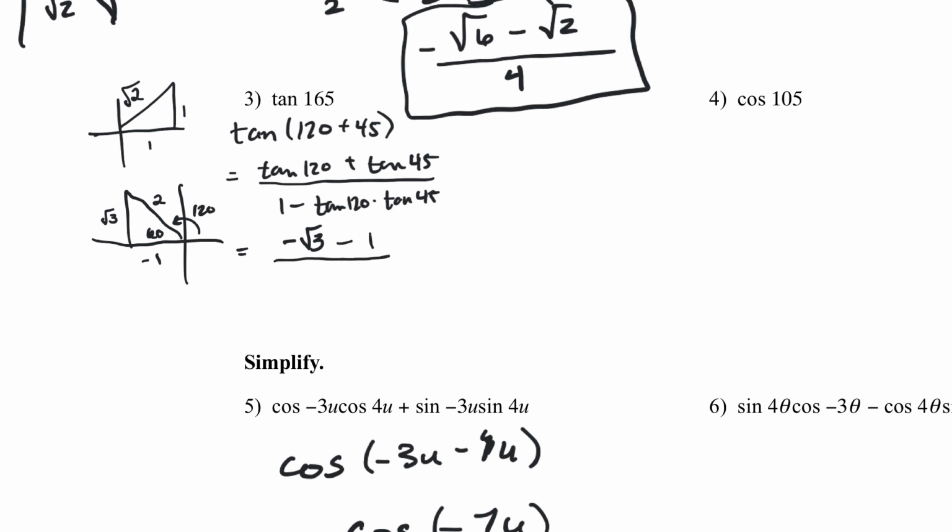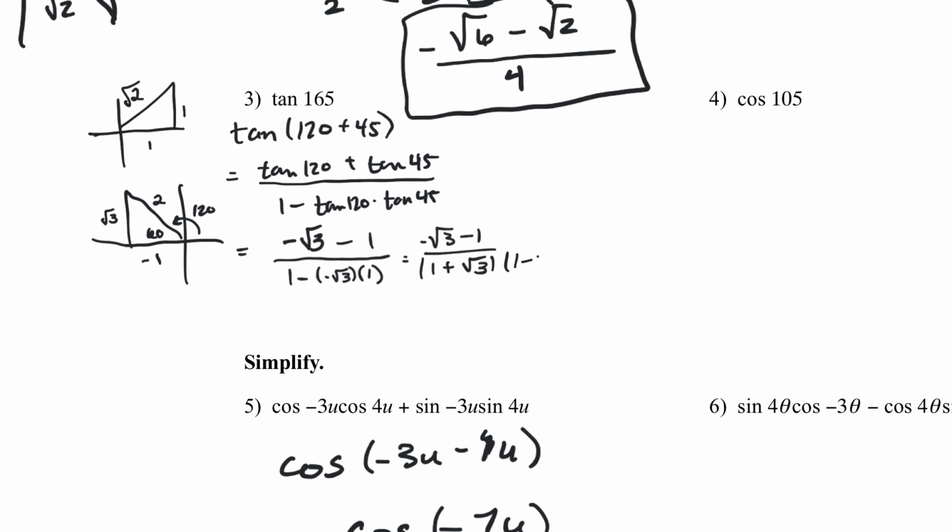Minus 1 divided by 1 minus that negative root 3 times 1. So the bottom part turns out to be negative square root of 3 minus 1 all over 1 plus the square root of 3. In a multiple choice setting, this answer is not going to show up, right? So we need to simplify it, right? This also isn't complete.